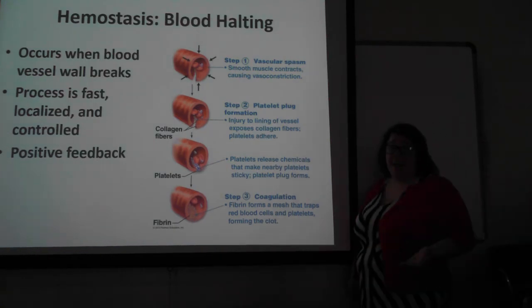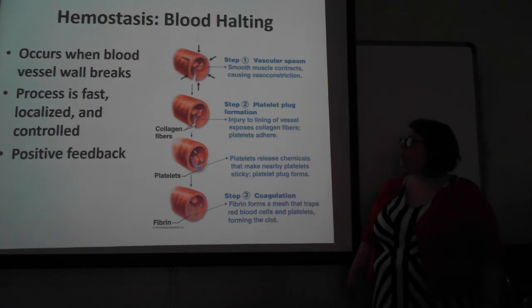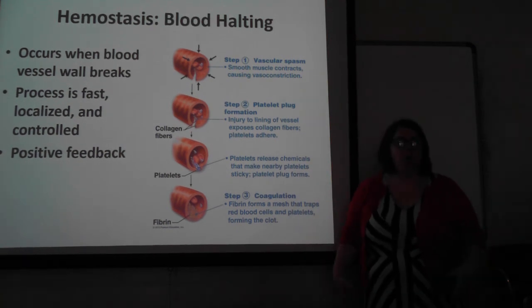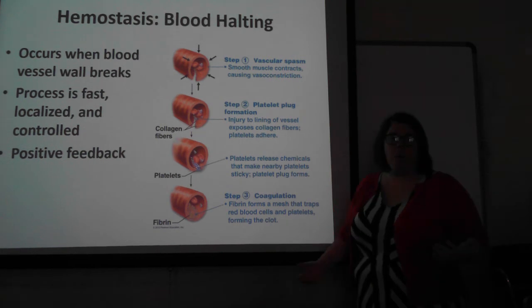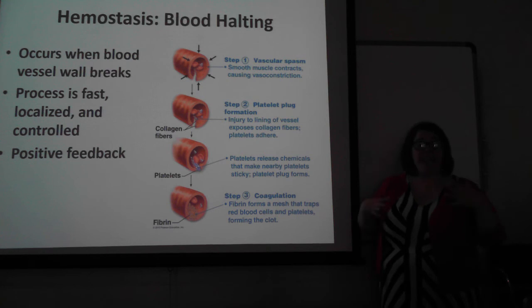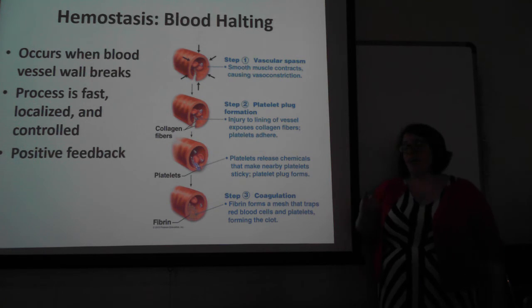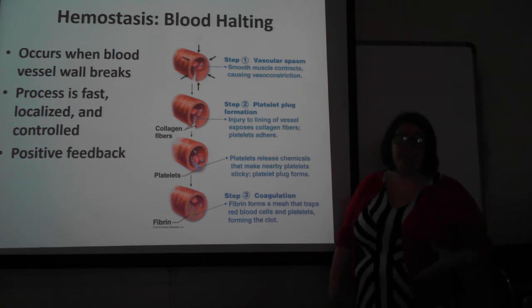So what happens if you have damage to a blood vessel, right? Some people will refer to it as blood halting or blood clotting. Anytime a blood vessel wall breaks, this process is going to happen. Now that does not mean you are bleeding externally. I could get a cut on my finger and be bleeding externally, but this damage could occur internally as well.